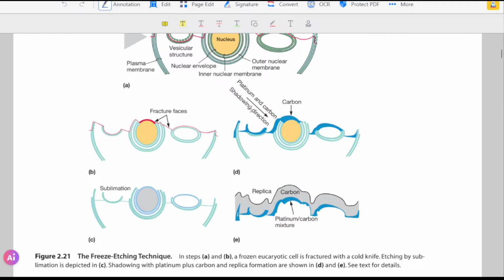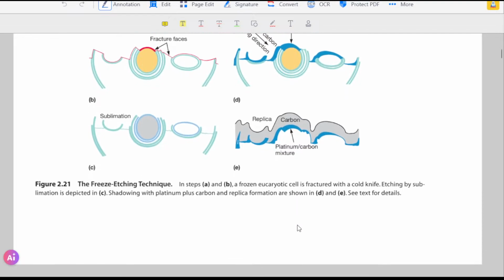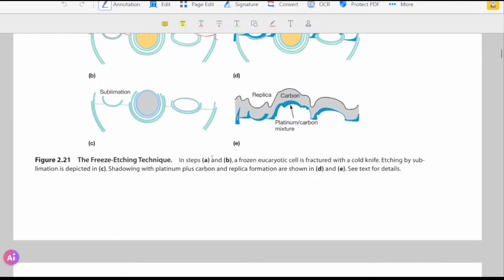And then we use the covering part. When we cover it, then replica, you do double coating. First just platinum and carbon, then just carbon, and then the platinum carbon mixture to make a replica, so that you can take the cell out of here and you just need that outer shell-like structure to study under the TEM or EM.